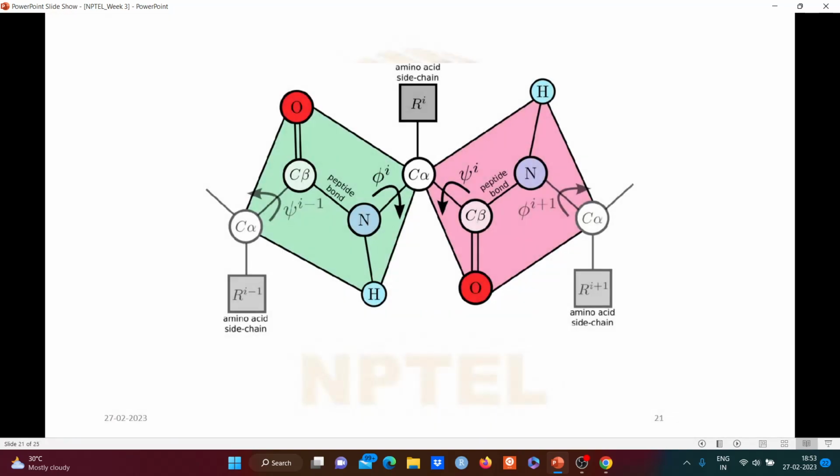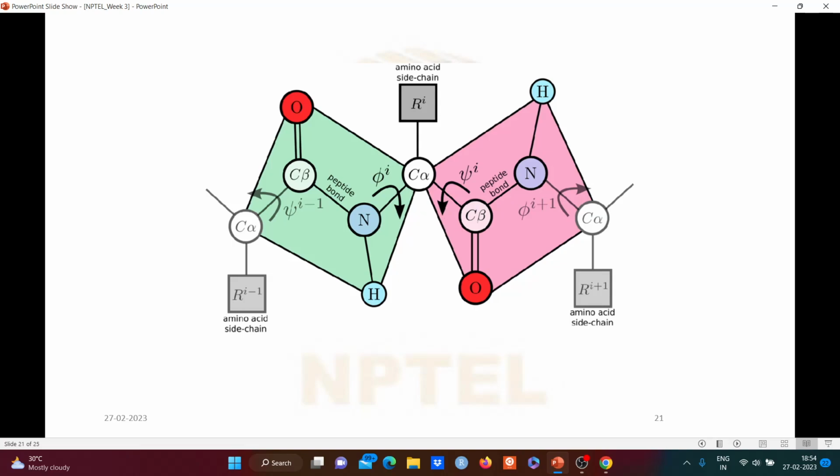The answer is B. As we all know, psi and phi are the two main backbone torsional angles in proteins, which describe the rotation around the peptide bond. So the two possible bonds that we could see around the peptide bond are N-C alpha and C alpha-C beta.